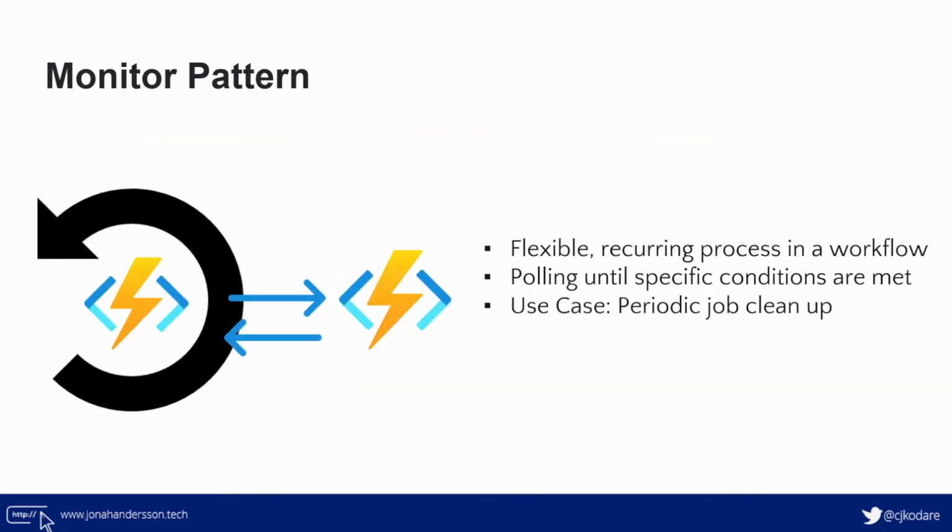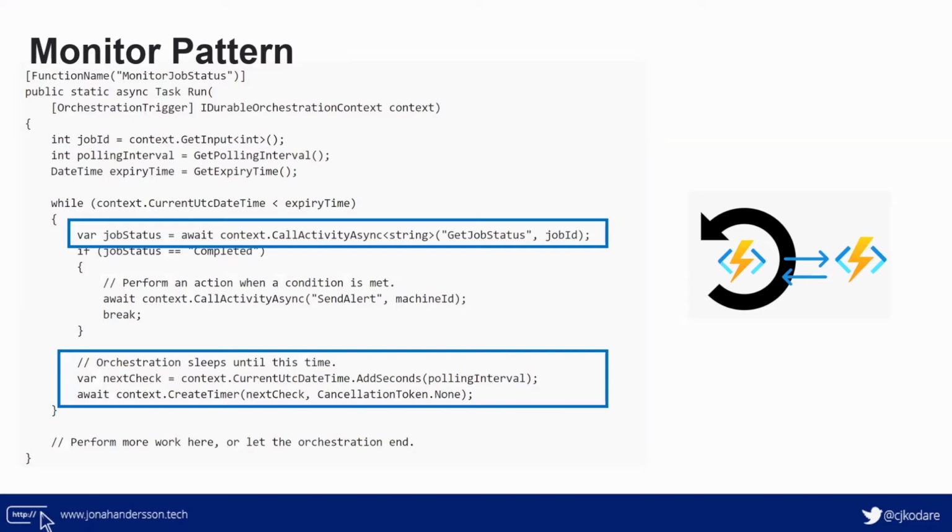And then the third pattern is the monitor pattern, in which you can do a recurring process in a workflow, for example if you want to do a periodic job cleanup. In this snippet, we have a while loop that's checking if the status is completed, and also an expiration time that checks on the time.